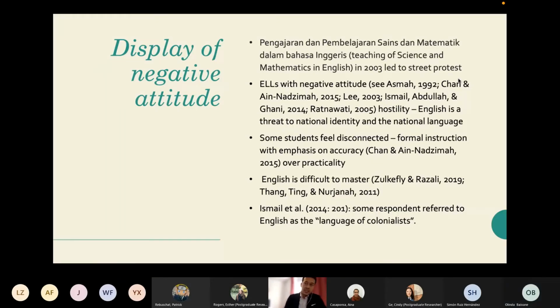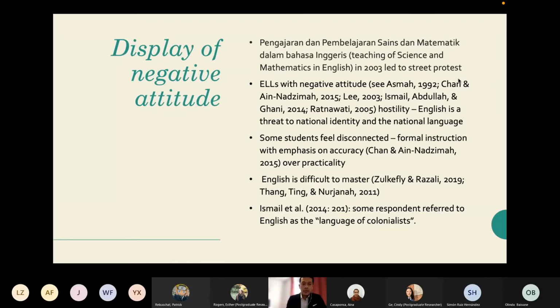Malaysia gained its independence from the British in 1958, but you can see here, across several decades, studies from the 1990s up to 2015.